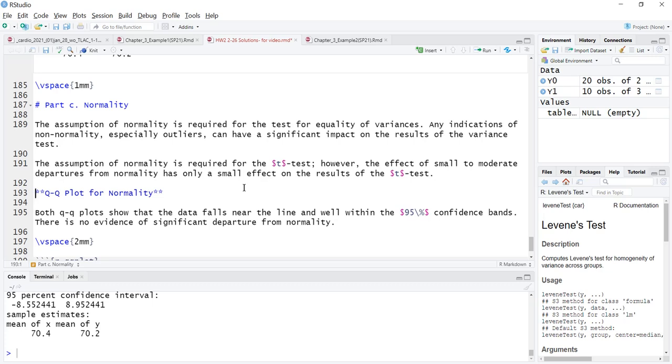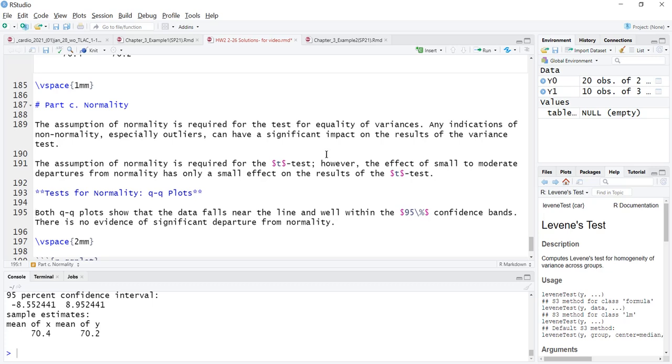Okay, so now I'm going to do tests for normality. QQ plots. And whether you use capital Q or little q is a preference, that's fine.